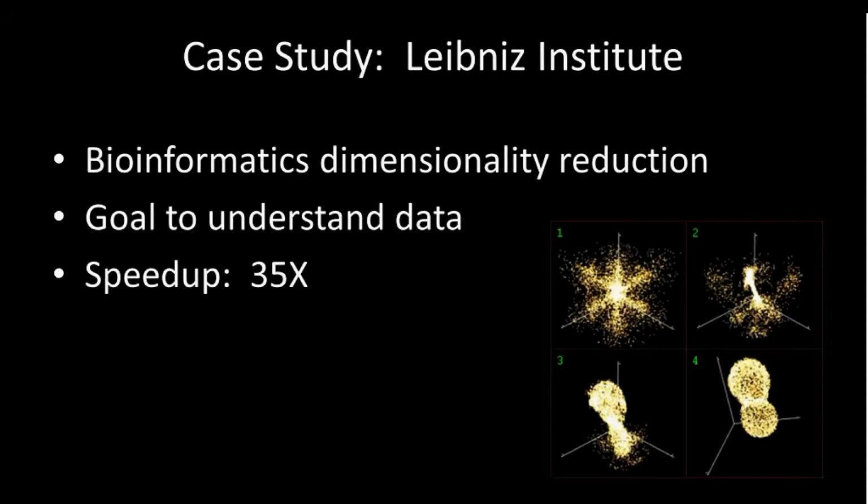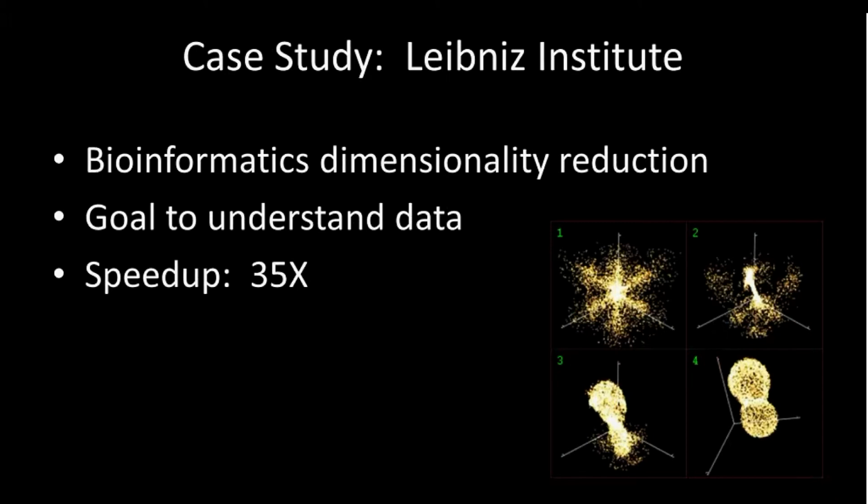Here's another example of the Leibniz Institute. They were exploring dimensionality reduction problems. Many bioinformatics and genomics problems have many dimensions due to the much data that is collected in those kinds of problems. And in many cases, the goal is to understand the data, and you have to do some sort of dimensionality reduction.